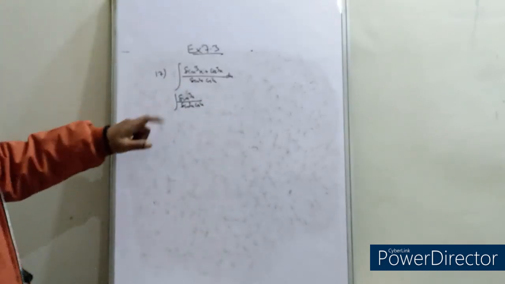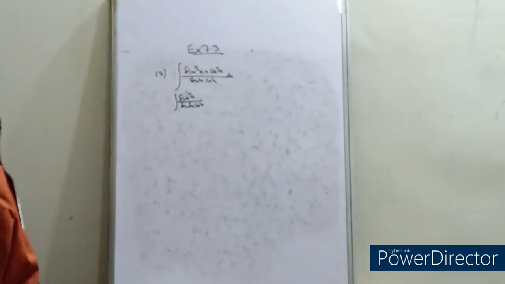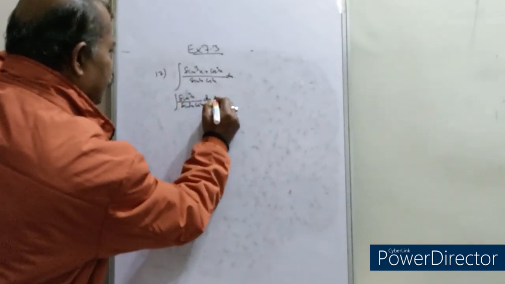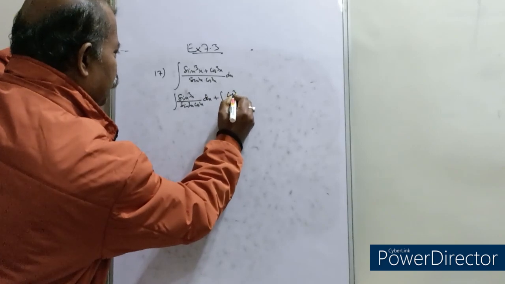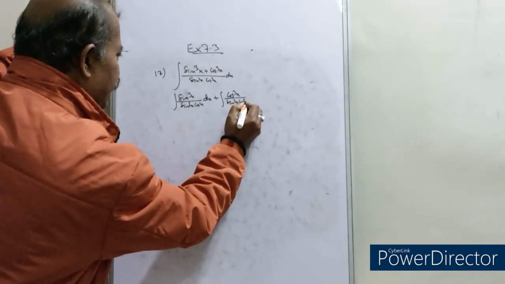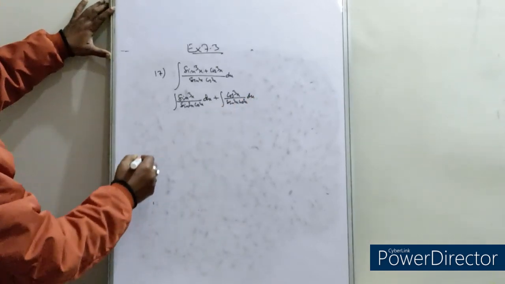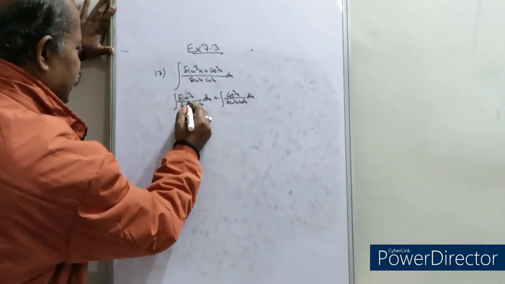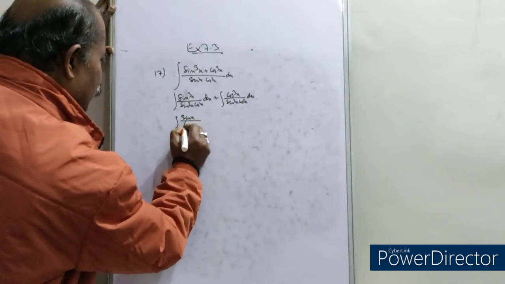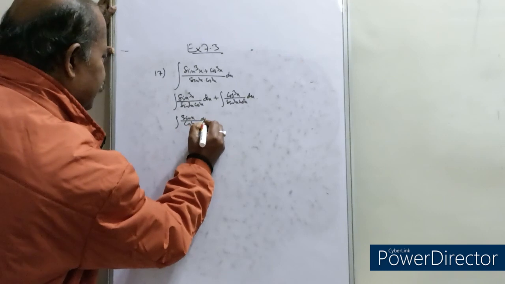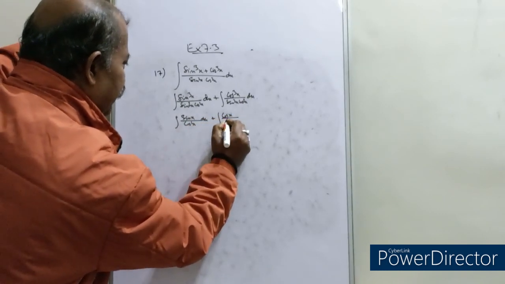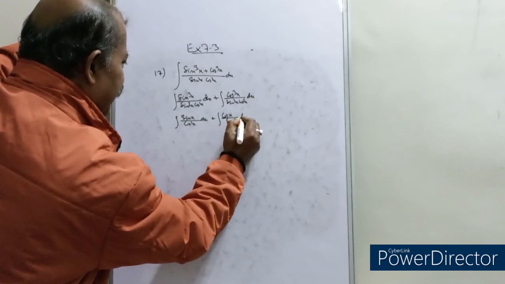Here only sin x remains, so sin x by cos square x dx plus cos cube x by sin square x cos square x, which gives cos x by sin square x dx.